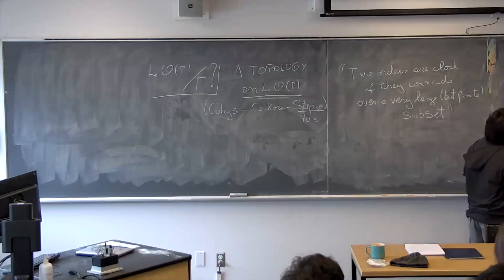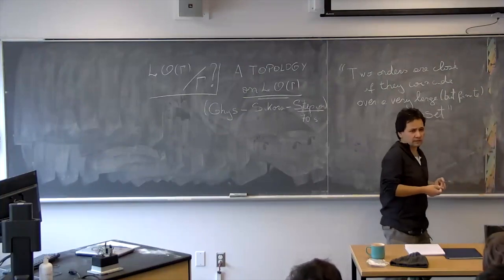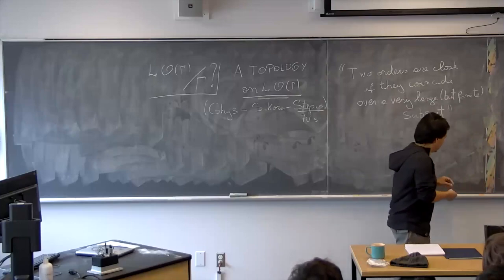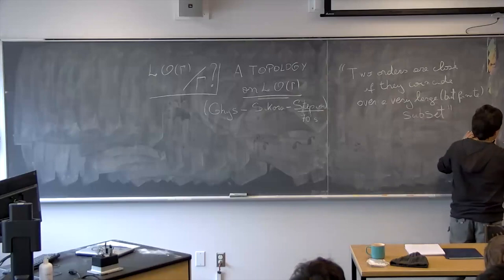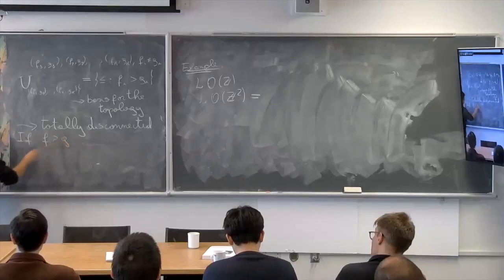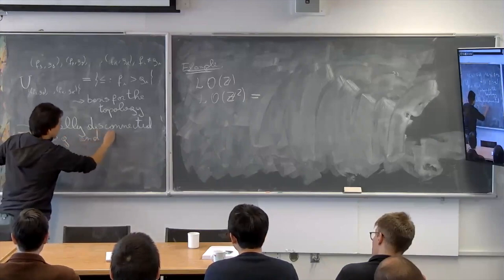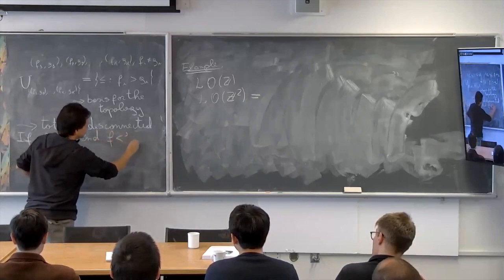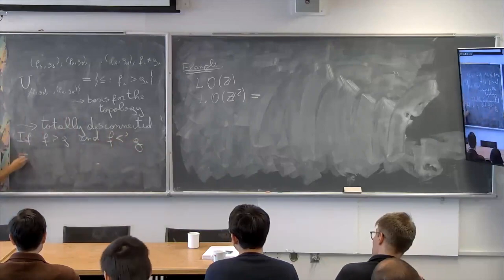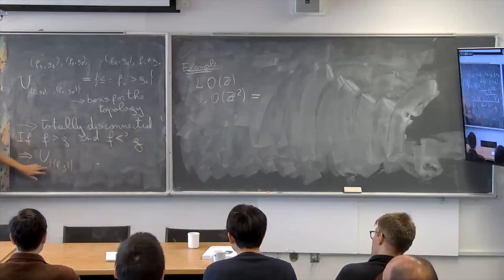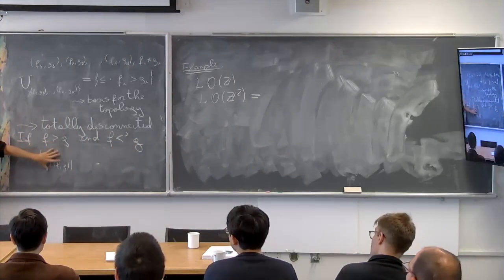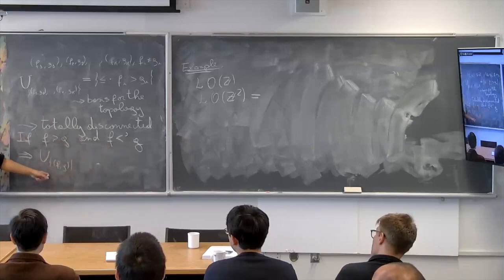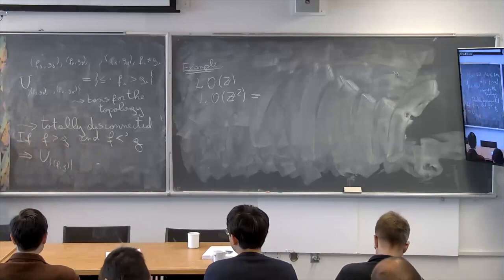Yes, I think so. These are properties. And so again, if F is larger than G for one order and F is smaller than G for another order, then you look at the neighborhood UFG. Well, the first order is in this set, but the second order is not in this set. Okay, so this is an open set that contains this one, but doesn't contain the other.